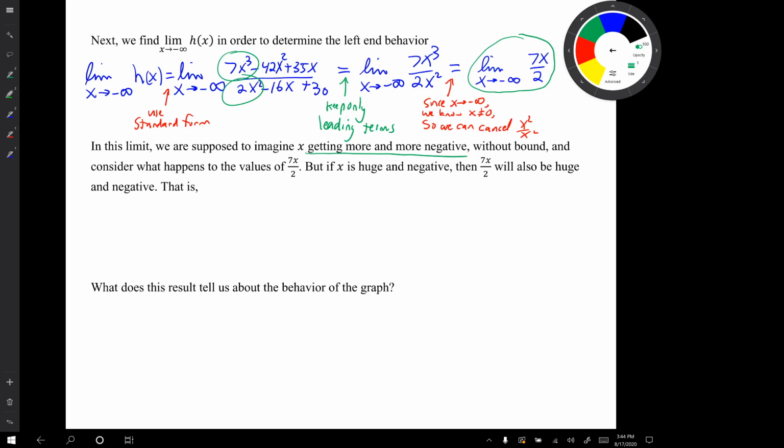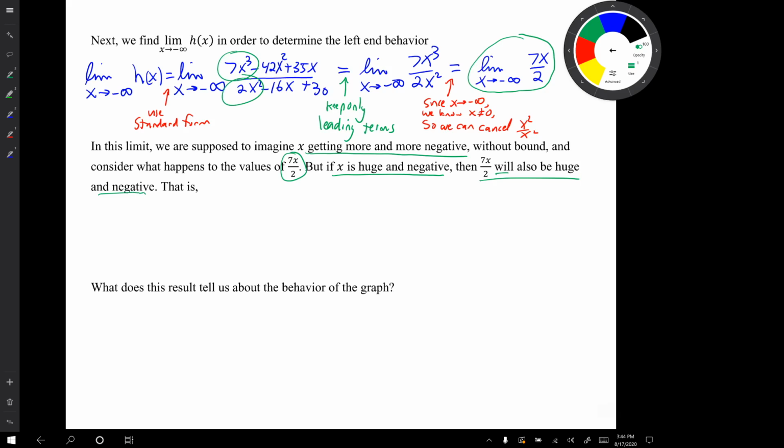And we're supposed to consider what happens to the values of 7x over 2. But if x is huge and negative, then 7x over 2 will also be huge and negative.